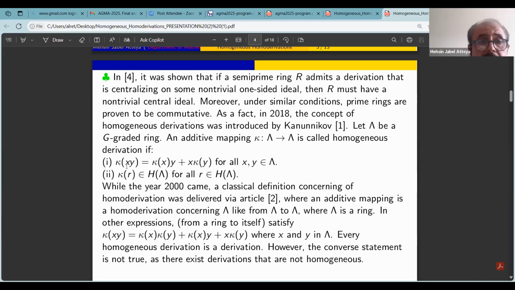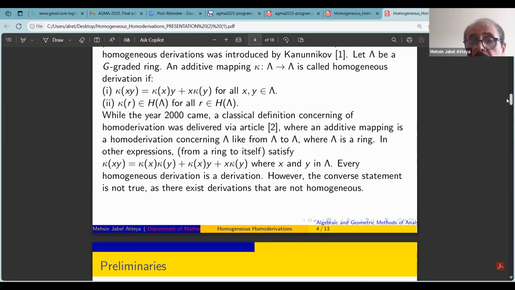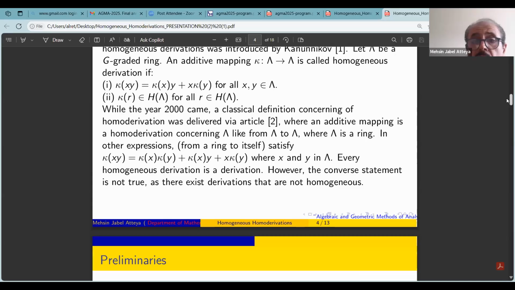Obviously, the difference is that we add the term kappa(x)kappa(y) to get the homoderivation. Every homogeneous derivation is a derivation. However, the converse statement is not true, as there exists a derivation that is not a homogeneous homoderivation.